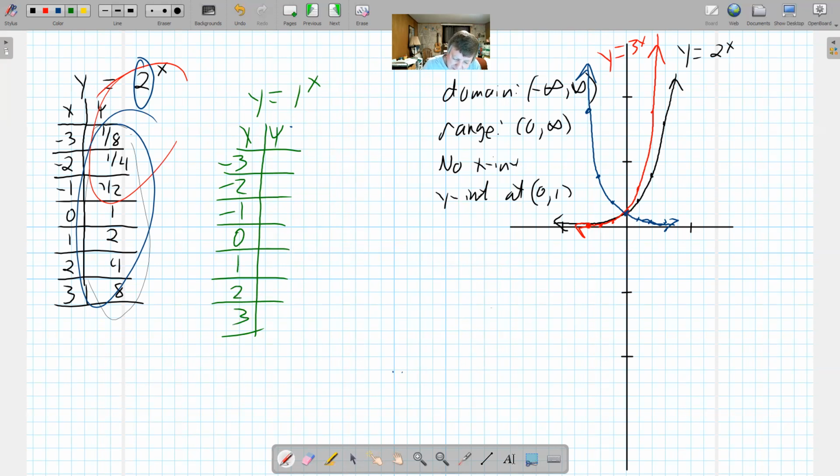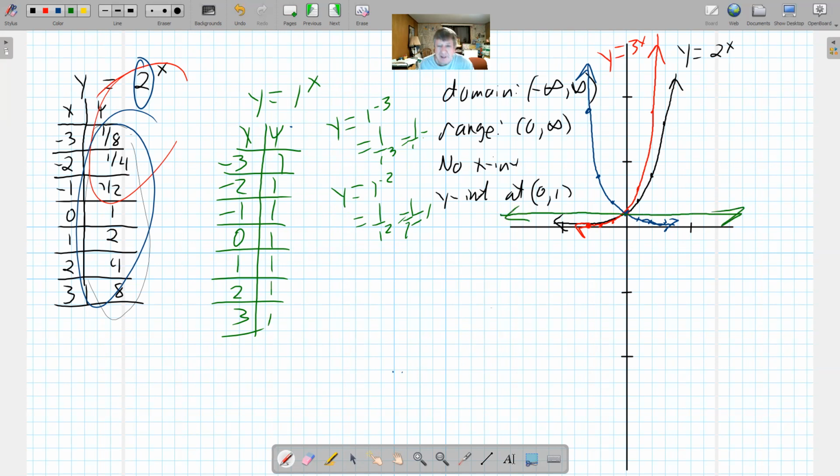Well, if x is -3, y equals 1 to the -3, which is 1 over 1 cubed, which is 1 over 1, which is 1. If x is -2, y equals 1 to the -2 power, which is 1 over 1 squared, which is 1 over 1, which is 1, 1, 1, 1, 1, 1. And we get this graph. Well, that doesn't look like an exponential function. That looks like a constant function, a linear function. So basically, we say that the base can't equal 1.